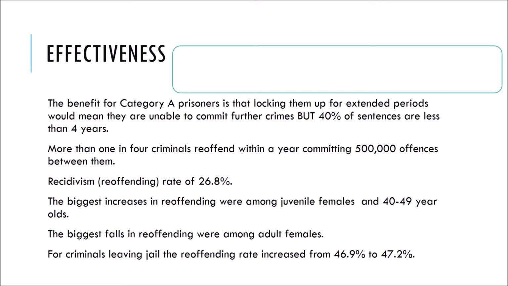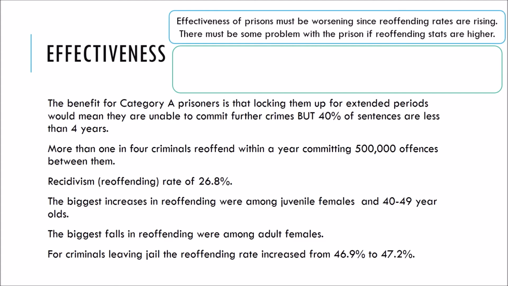For criminals who leave jail, the re-offending rate increases from 46.9% to 47.2%. So actually this is showing that the re-offending rate increases after you've been in prison, it's not actually aiding in decreasing the re-offending rate over time. The re-offending rate is increasing over time.